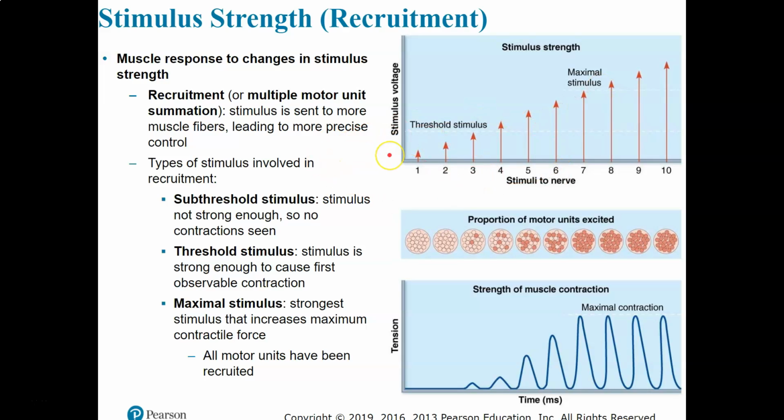So subthreshold, no contraction. Between threshold and maximal, as we increase the strength of the stimulus, we recruit more and more motor units, get a stronger and stronger contraction, until we reach the maximal stimulus, at which point increasing the strength of the stimulus above that doesn't increase the strength of the contraction because we've already hit maximum.